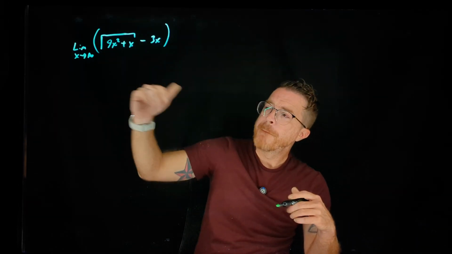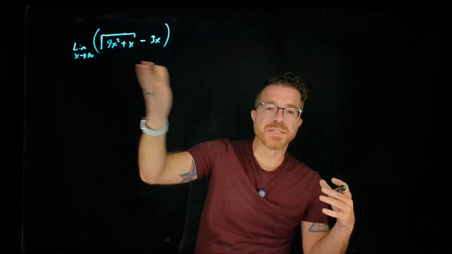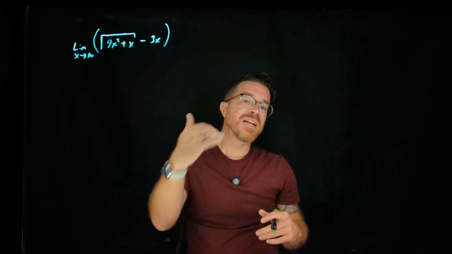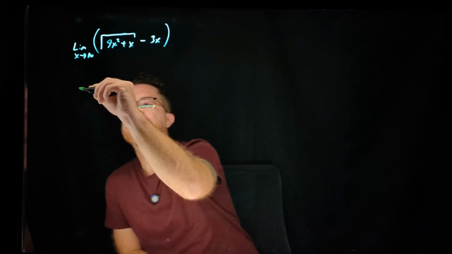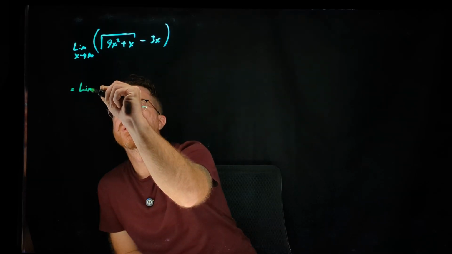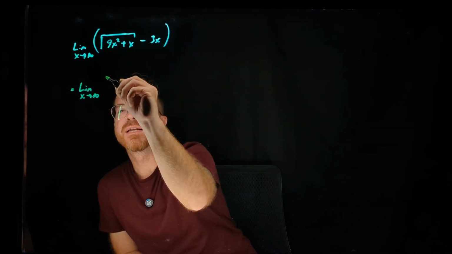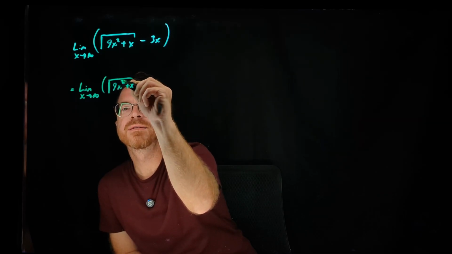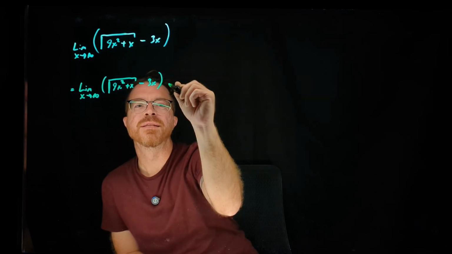So we can't just plug in and see what it converges to. So the next thing we're going to do is ask, can we divide by some power in the denominator? Well, in this case, there's no denominator because it's not a fraction. So we're going to use our next trick, which was to multiply by the conjugate. So this would be equal to the limit as x approaches infinity. We'll just write this again: the square root of 9x squared plus x minus 3x, and then this is going to be times the conjugate.